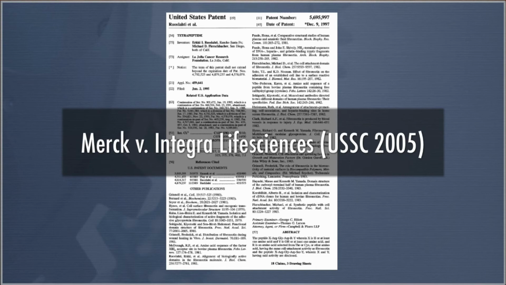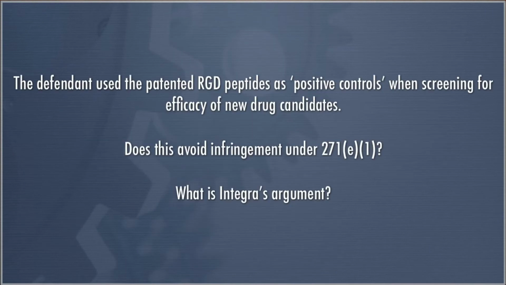And in Merck versus Integra, the defendant used the patented invention as a control, as a series of positive controls, when screening for the efficacy of new drug candidates, right? And so the key question the Supreme Court had to answer is, does this avoid infringement under 271(e)(1), right?